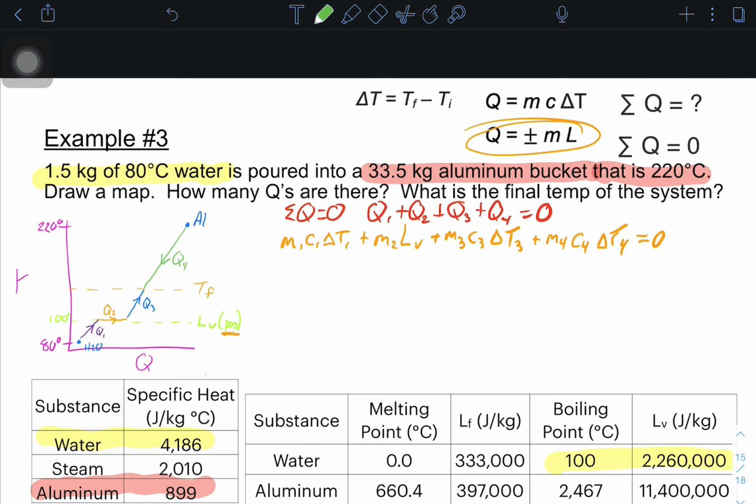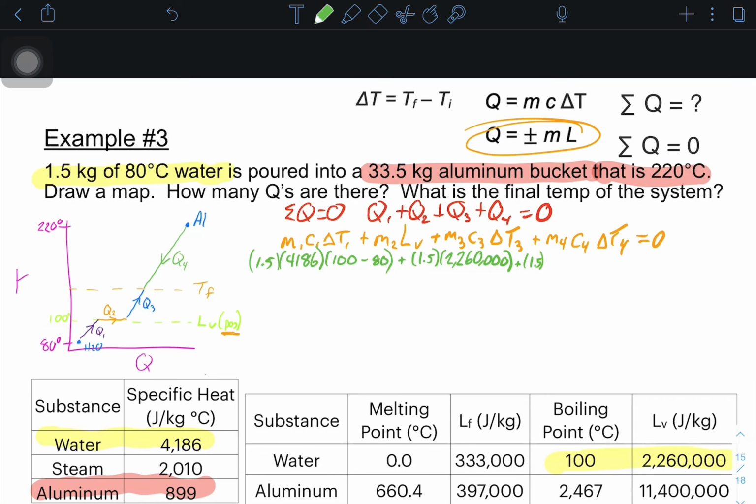So starting with Q1, that was my mass of 1.5. It starts as liquid water, so the specific heat, or my C value, is 4,186, times my final temperature. It stops being Q1 at 100, so it's 100 minus what Q1 started at. It starts at 80. My Q2 was M2, so 1.5, times my latent heat of vaporization, which is 2,260,000, plus my Q3, which is 1.5.